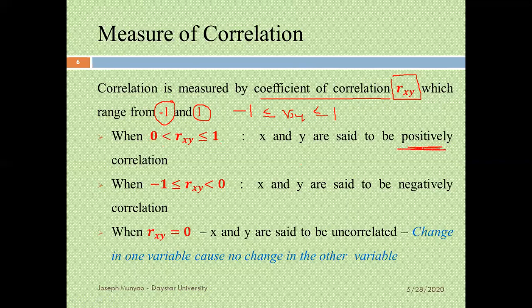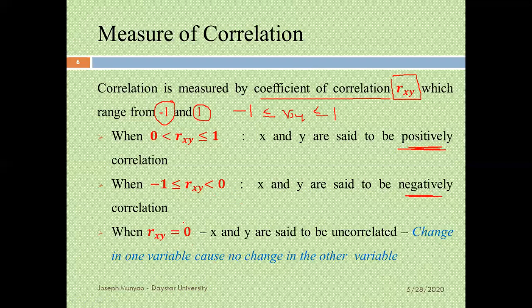They are moving in the same direction. An increase in one will cause an increase in the other, and a decrease will cause a decrease. And when it is from -1 to something close to 0, then we say they are negatively correlated. That is, one is increasing, the other one is coming down.